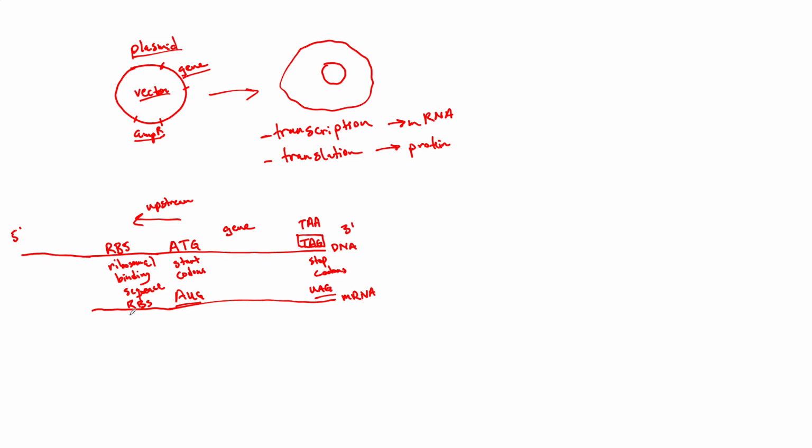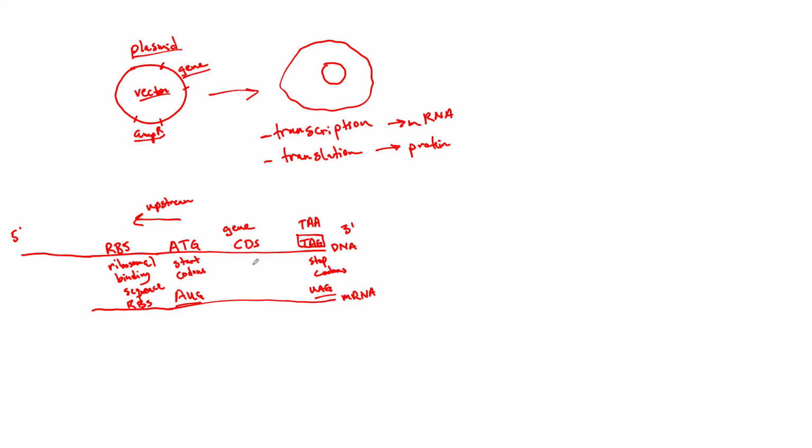But what about transcription? What kind of sequences do we need for transcription to happen? Well, transcription doesn't happen just with the gene itself. You can't just get transcription if you have just this gene sequence.